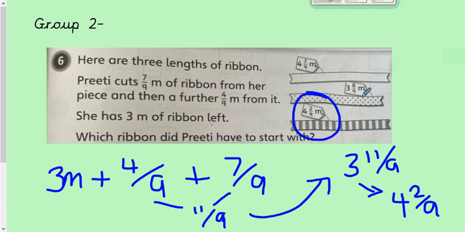Sorry, I meant I added these two, and then because she had 3 meters left, I added that on to what she had left, because this is what she had left, this is what she used. So if you add it all up, that is then what she started with altogether. So I had 3 11/9, but actually you can see there's a whole there, so that would go to 4 2/9 because there are 9/9 here. So you put that over to the whole, so it's 4 wholes and 2/9.